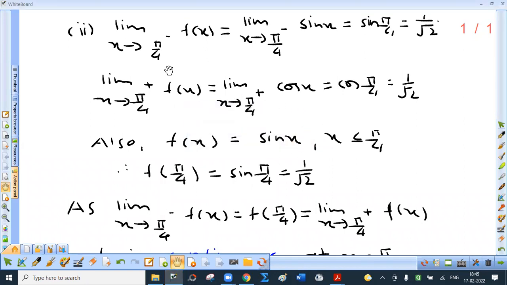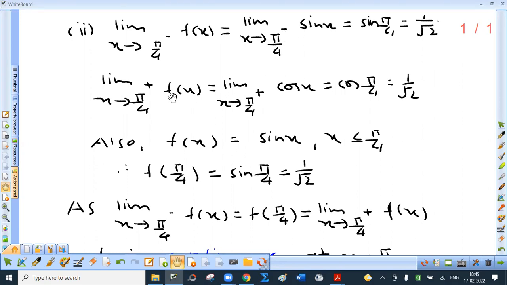Okay. Now for the limit as x tends to pi by 4 minus, means to the left of pi by 4, means less than pi by 4. So which function? Sin x. I hope you won't say minus pi by 4. It is not minus pi by 4 minus. Pi by 4 minus means to the left of pi by 4, that is for x less than pi by 4. The function is sin x. What is sin pi by 4? 1 by root 2.